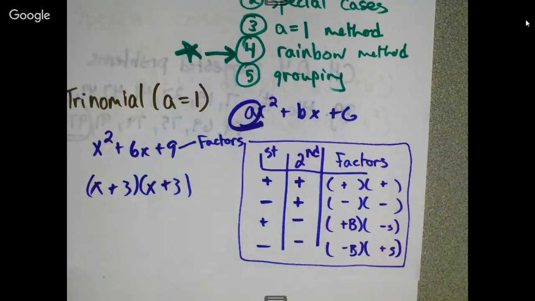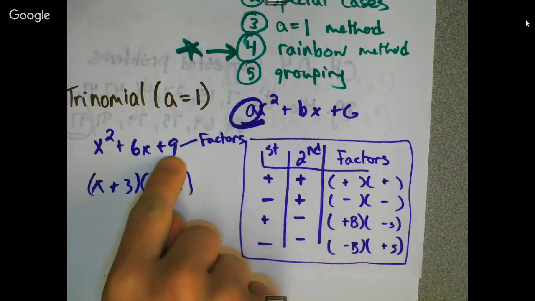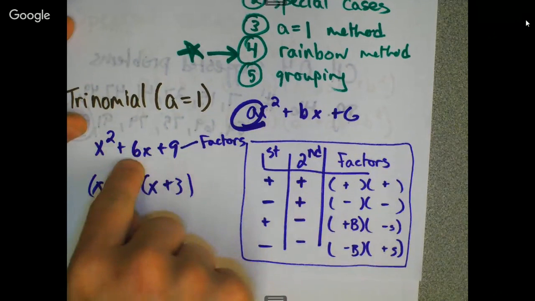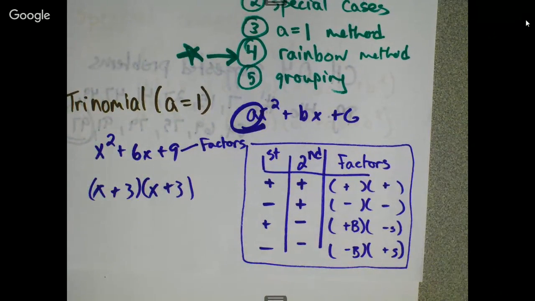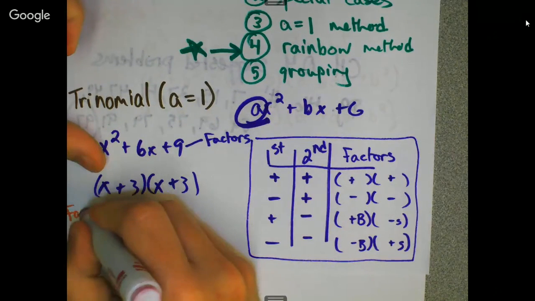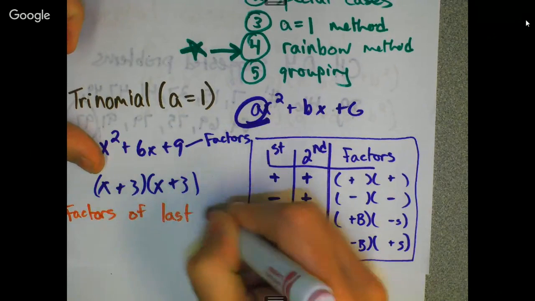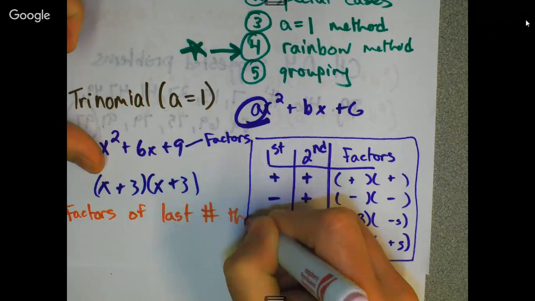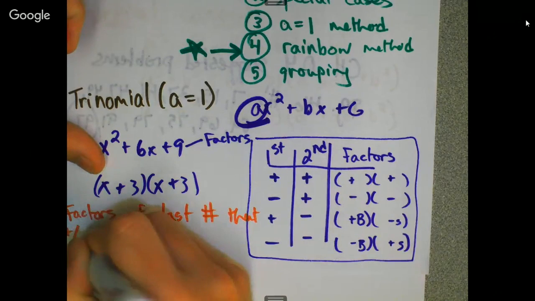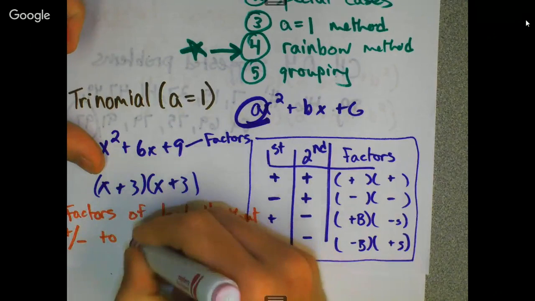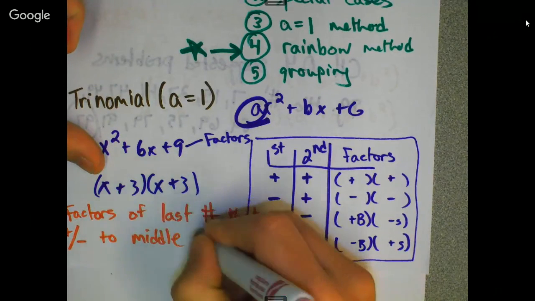So when A is 1, you're going to read factors of this number that add or subtract to this number. Maybe I'll put that in writing here: factors of last number that add or subtract to middle number.